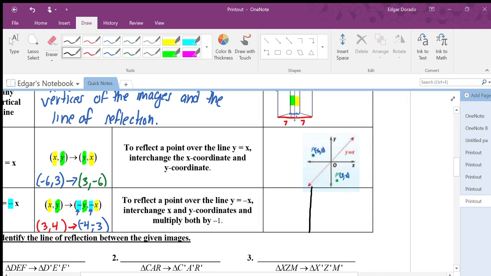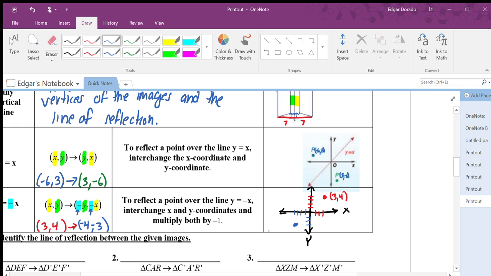Let's draw my two axes, my x and y axis. And if I have a point 1, 2, 3, 3, 4 right here, then if I reflect over the line y equals -x, which I'll show you in a second, then our new point is going over here. 4, 3.